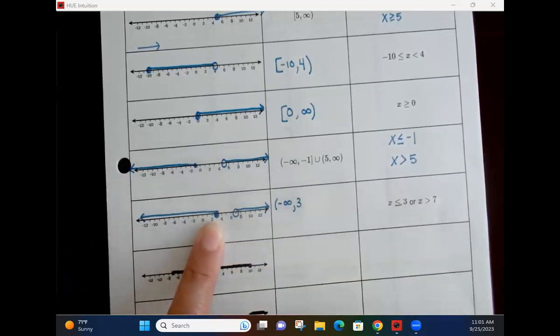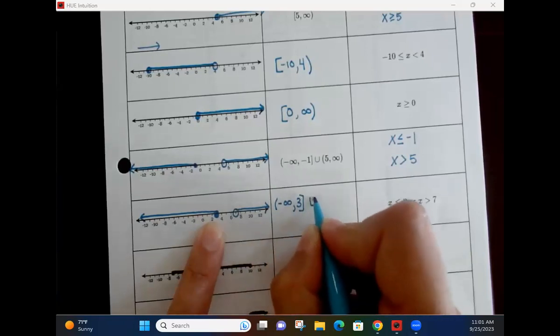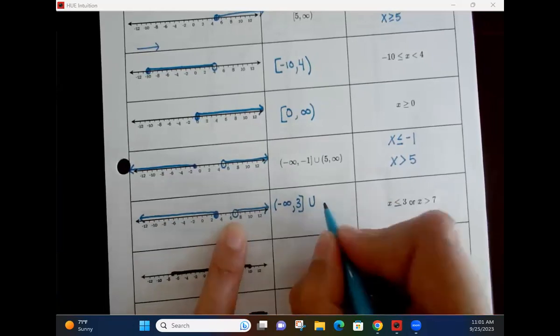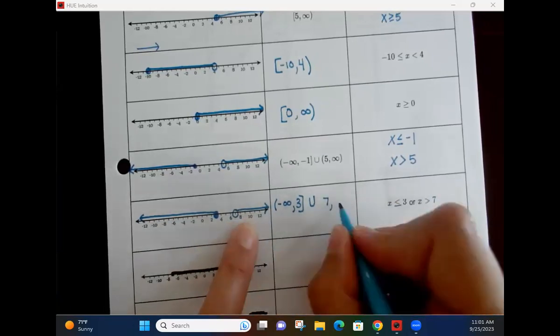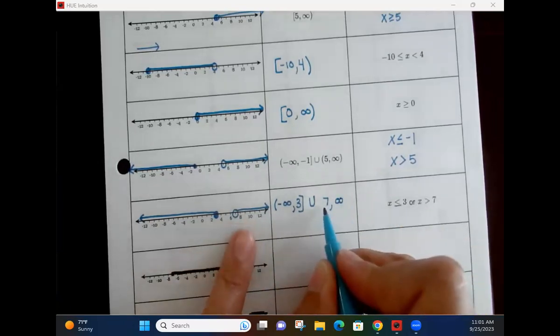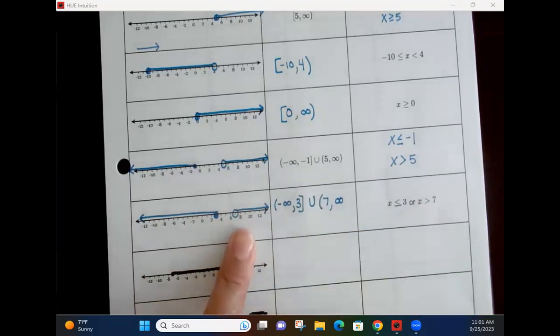Parenthesis or bracket at 3? Bracket. And then union symbol. And then for my next section, I start at 7 and I go forever. So that would be infinity. Parenthesis or bracket at 7? Parenthesis. Open circle at 7, we're not equal to 7. And then always the parenthesis at infinity.